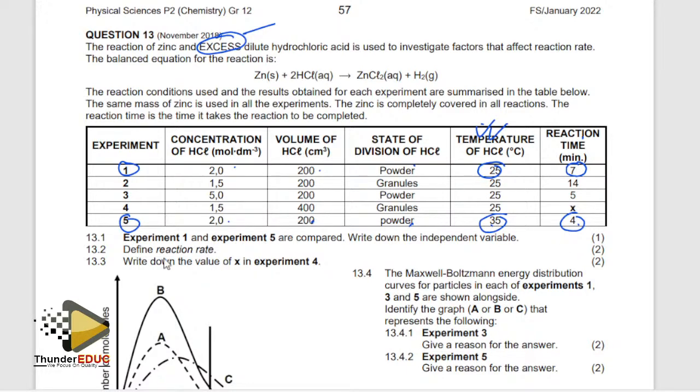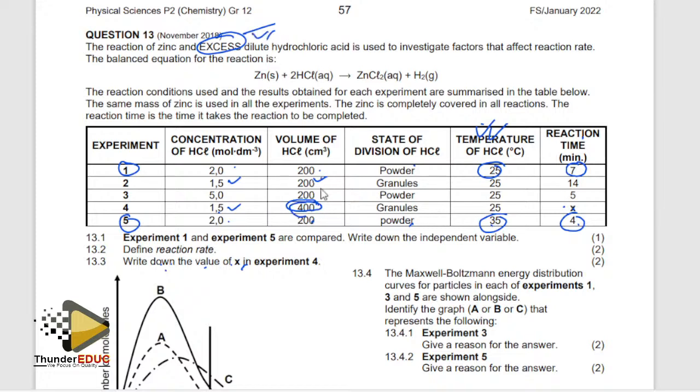Define the rate of reaction. We talked about it. Then write down the value of x. What is the value of x here now? Let's see here. This one is the same, this one and this. This one is different, but they said this is in excess.